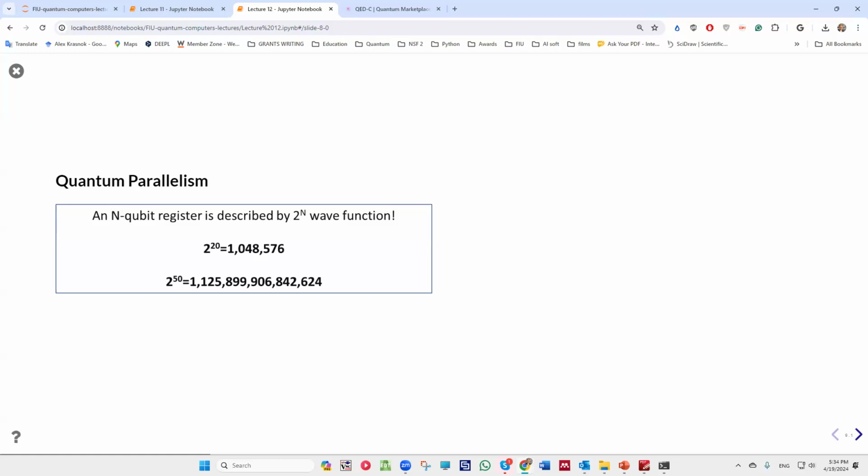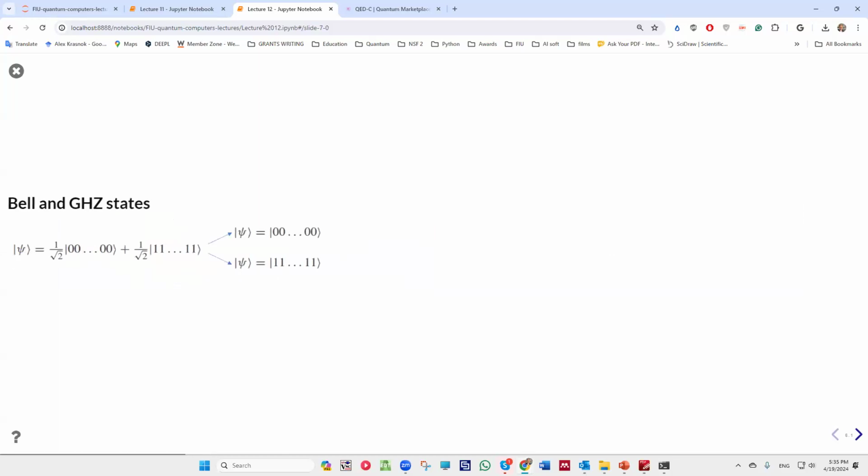And that's what we call quantum parallelism, because we can compute all these states simultaneously, at the same time.